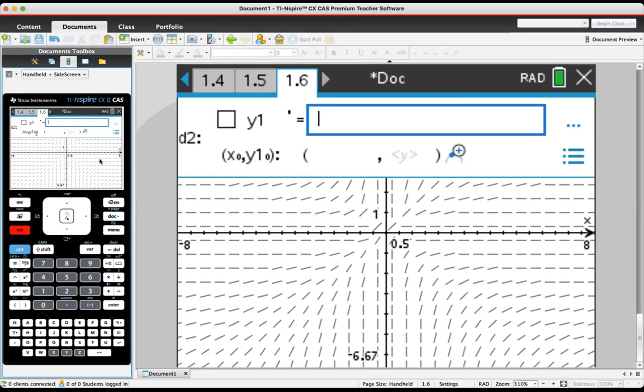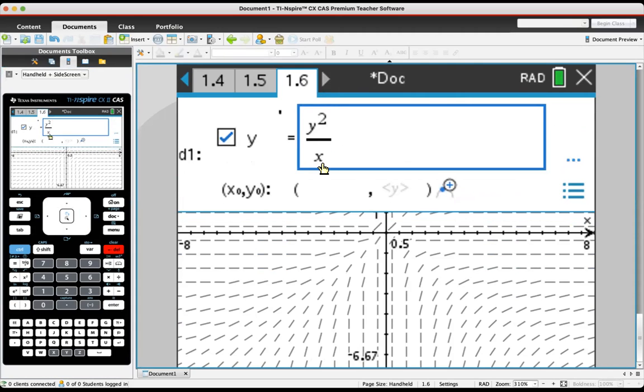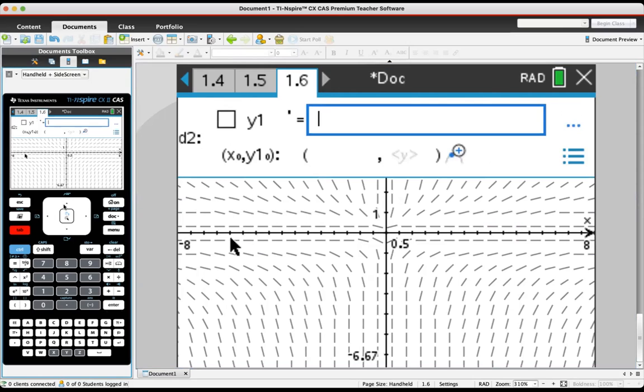So option C, y squared over x. Well, option C is much better because you can see some sort of parabolic behavior, like a parabola.